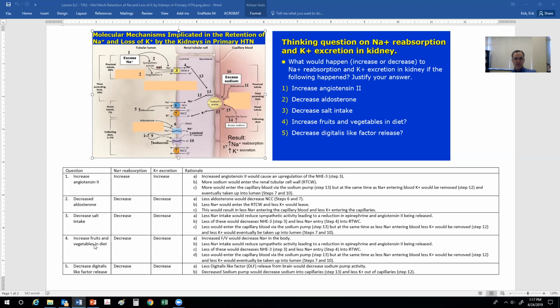What about increasing fruits and vegetables in our diet? That would decrease sodium reabsorption and also decrease potassium excretion. And the reason for that is an increase in fruits and vegetables would decrease sodium in your diet, which would reduce the sympathetic activity response, reducing epinephrine and angiotensin II, which would reduce the activity of the sodium hydrogen exchanger 3, and therefore less sodium would make its way into the renal tubular cell.